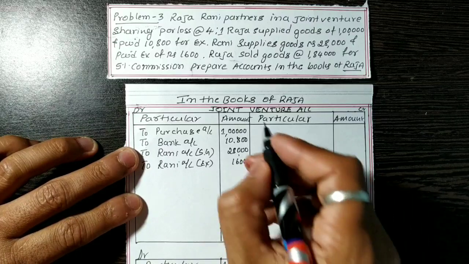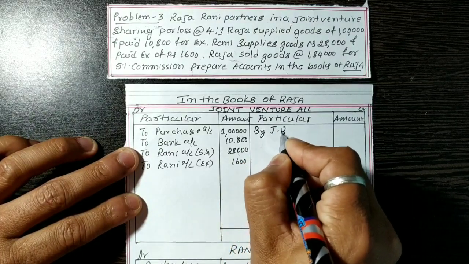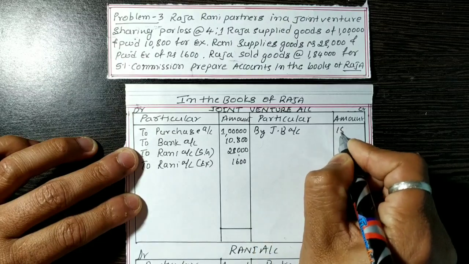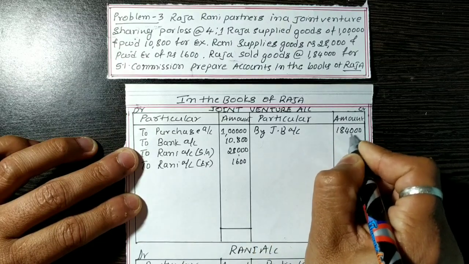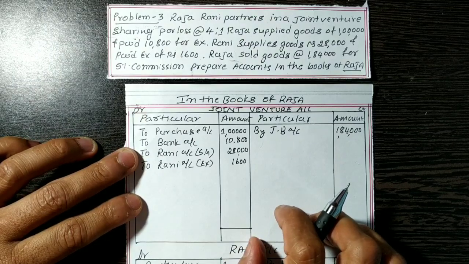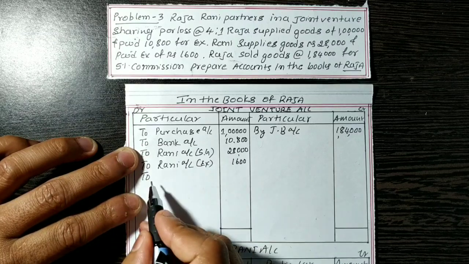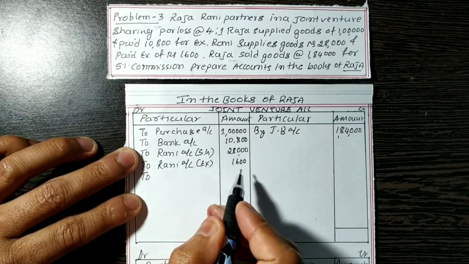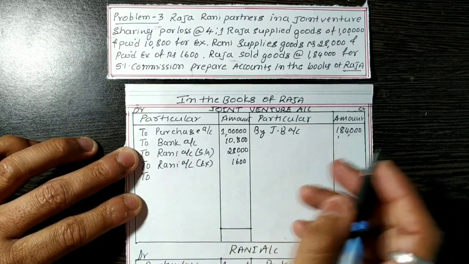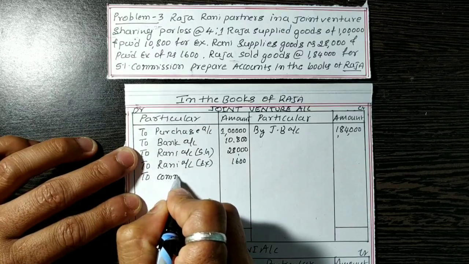Next, Raja sold goods at 1,84,000 on behalf of the joint venture. So By Bank Account, 1,84,000. And he is going to get a commission of 5%. If Rani sold, we could write the name of Rani for commission, but here it was sold by Raja, so we have to debit the commission account.